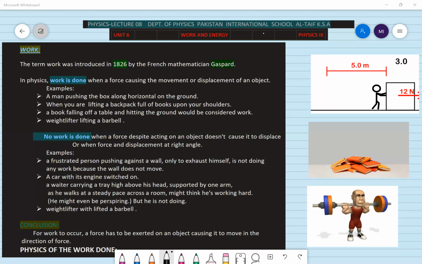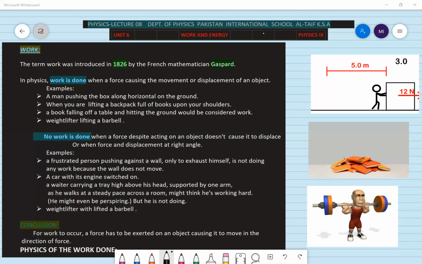while energy is the ability or the capacity of the body to do work, or you may say the quantitative property that must be transferred to an object to perform certain tasks. For example, we need energy for our everyday tasks: for cooking, for running, even we cannot sleep comfortably if we do not have energy.